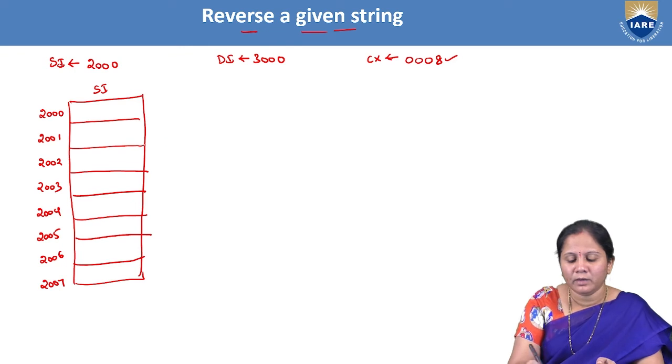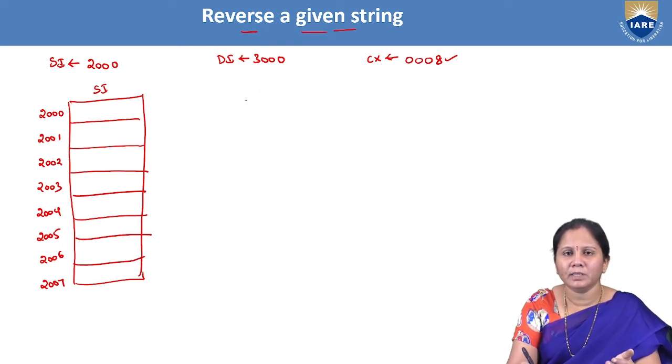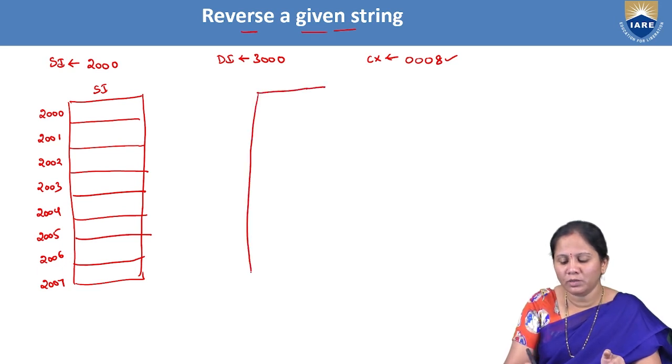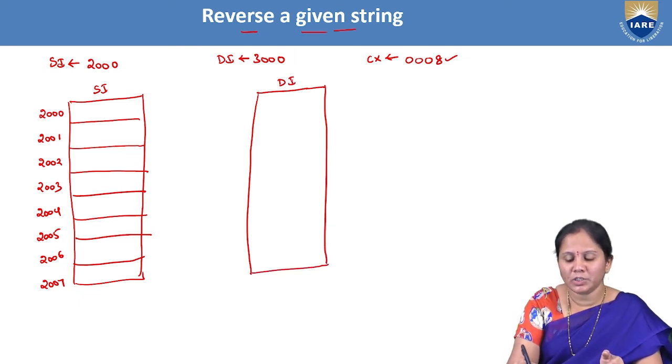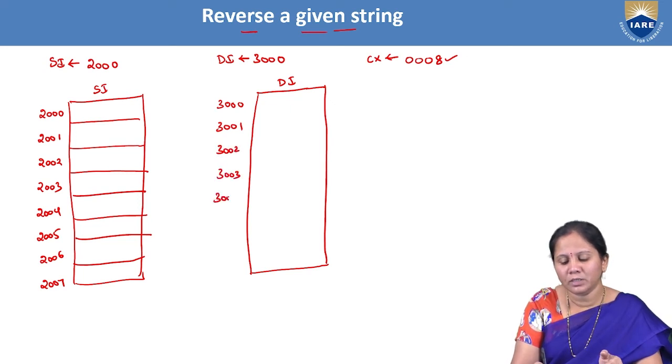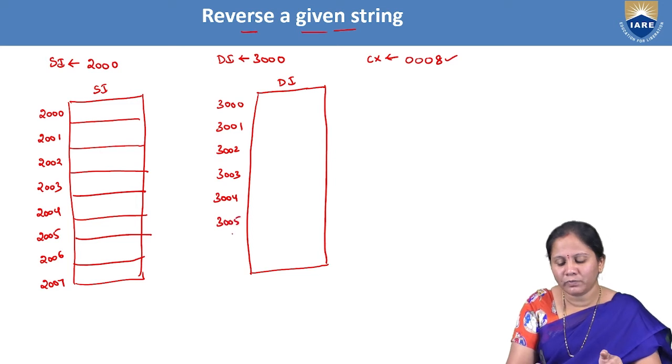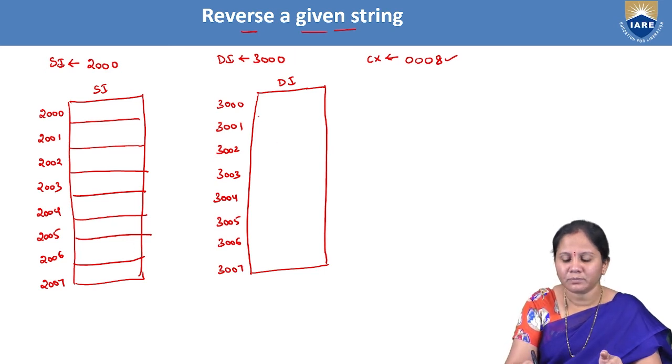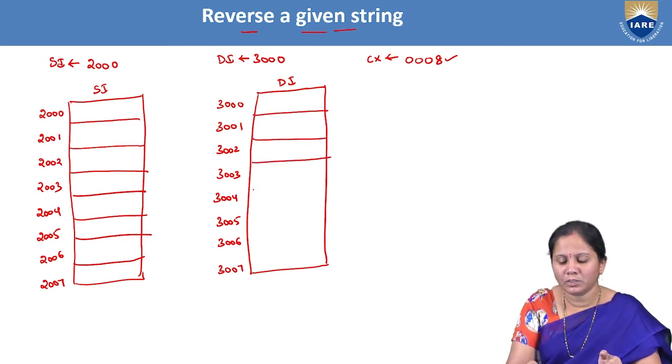And the output we have to get in the reverse manner, and that output we are going to store by using the DI register, which is initialized with a value 3000. Since 8 inputs are there, the outputs are 3000, 3001, 3002, 3003, 3004, 3005, 3006 and 3007. All these are the output locations.